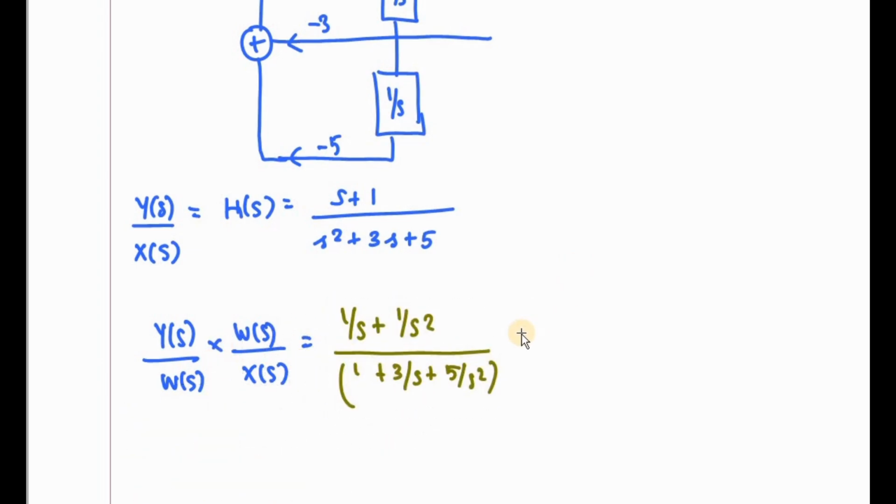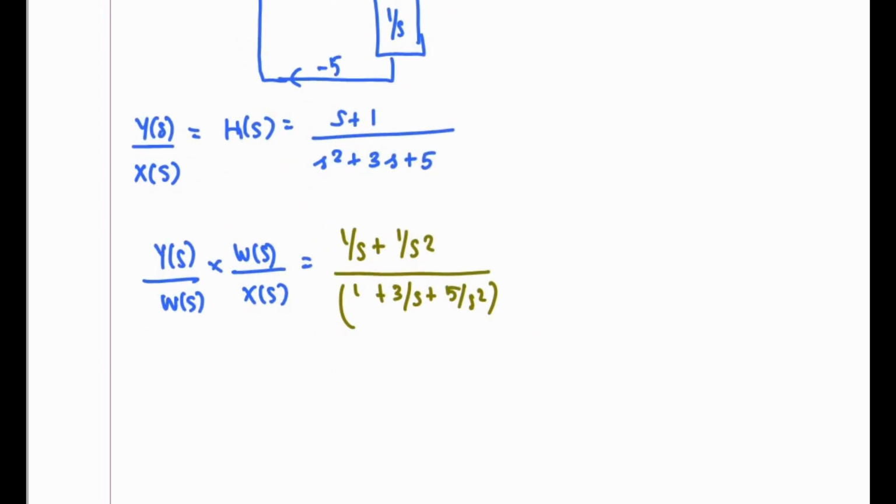So this I can write: y of s divided by w of s is equal to the numerator value, 1 by s plus 1 by s square.